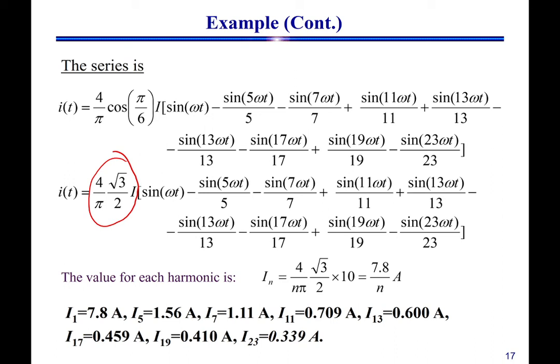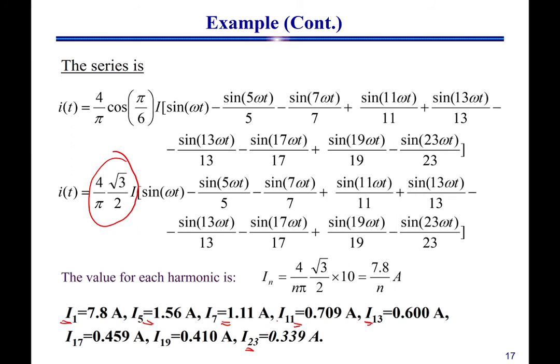Now at the fundamental frequency, n equal to 1, it will be 7.8 and so on. Those are the harmonic currents that will be injected into the system, and we were told to utilize harmonics up to the 23rd. So this is what we have.